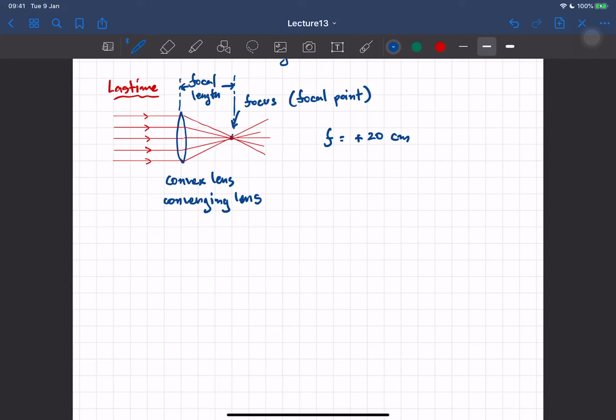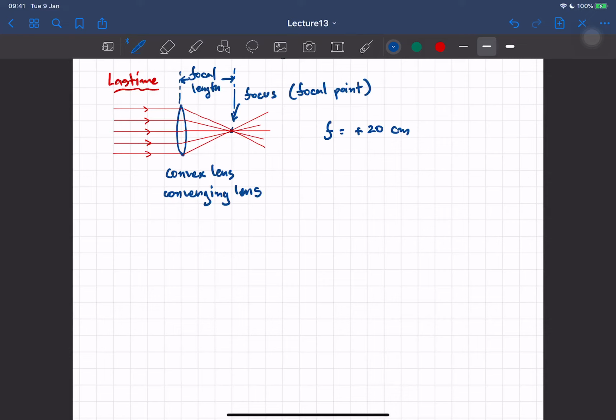The other kind of lens that we talked about is called diverging lens. As the name suggests, it's going to diverge the light rays hitting the lens. So it's going to look like this. The middle section of the lens is going to be the thinnest part compared to the whole body of the lens.